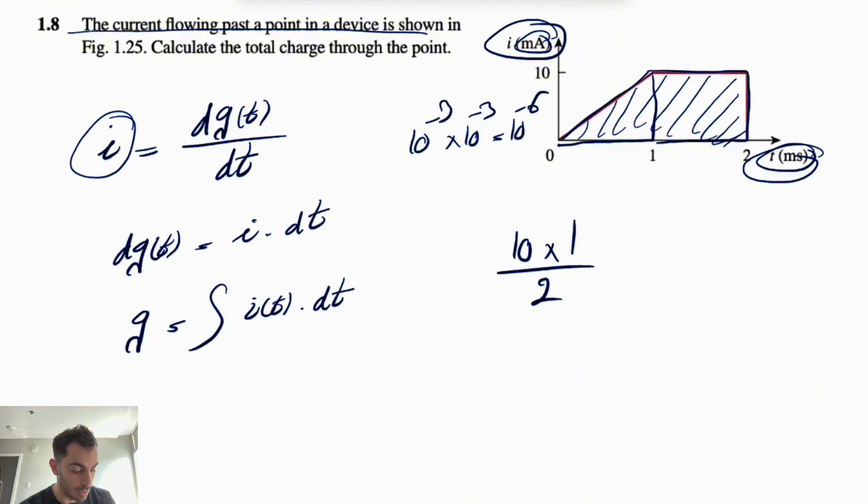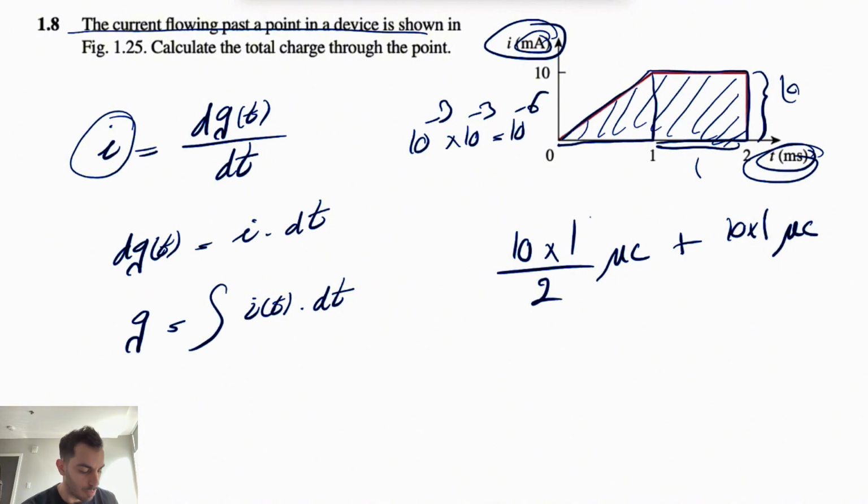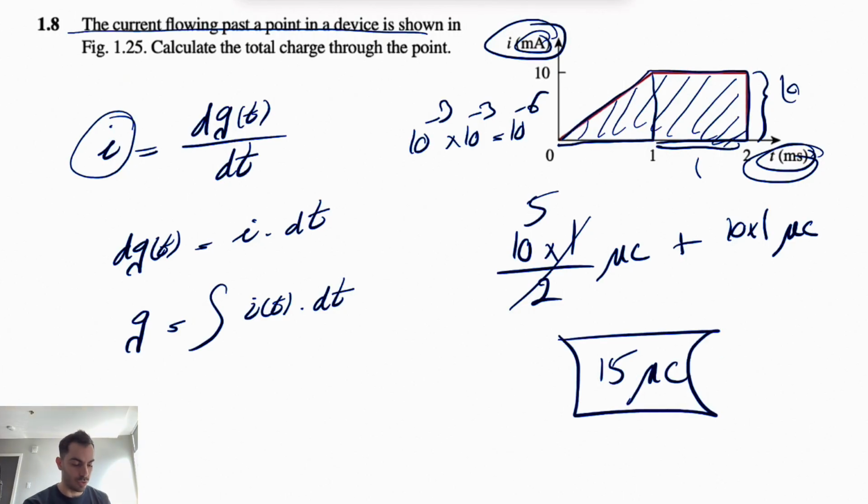So this is 5 microcoulombs. For the rectangle, one side is 10 and the other is 1, so 10 times 1 gives 10 microcoulombs, the same unit. Together, this gives us 15 microcoulombs as the final answer.